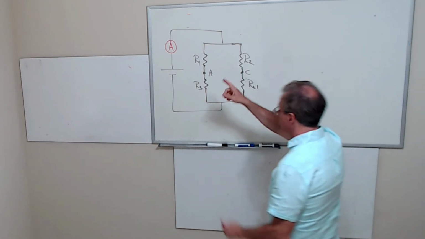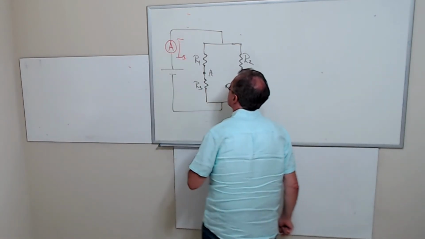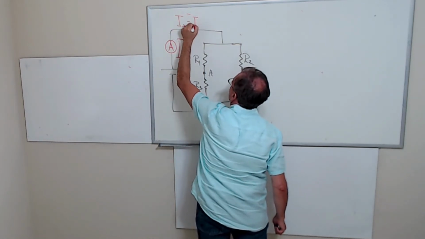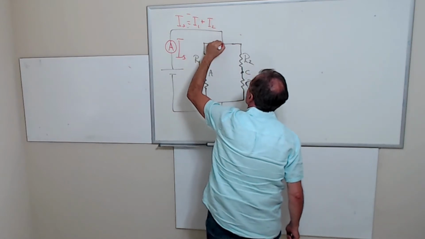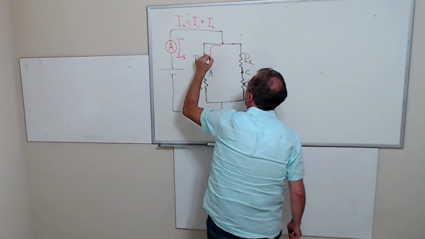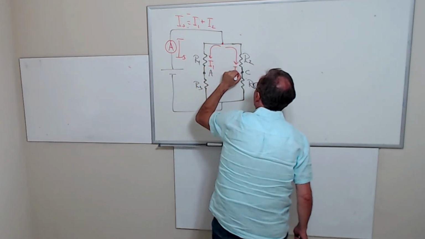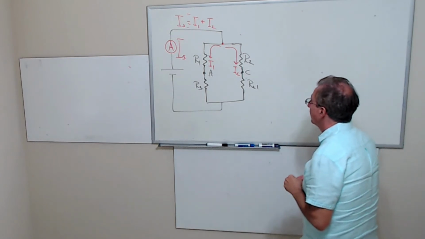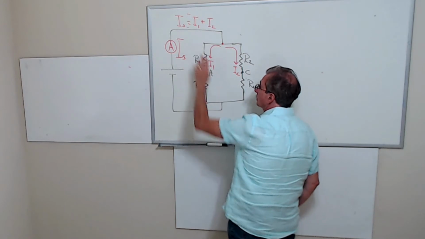Okay, so you're going to measure this current. I'm going to call this I sub S. And I sub S is going to be equal to I1 plus I2. So when you reach this point, I1 is going to go this way. I2 is going to go that way. And we can measure I1 because you're going to measure the voltage drop.